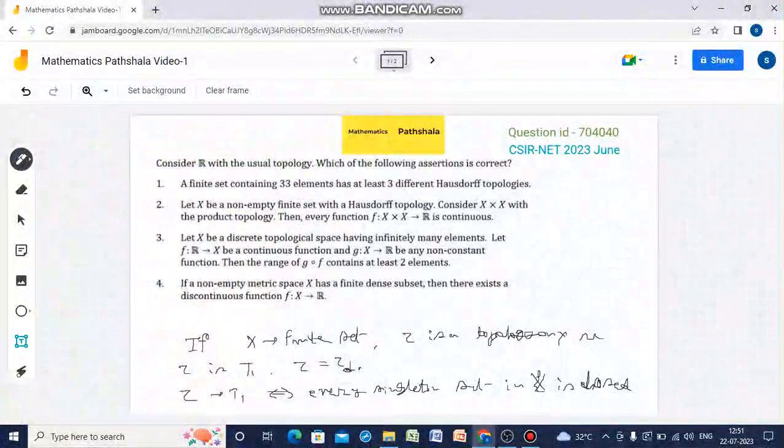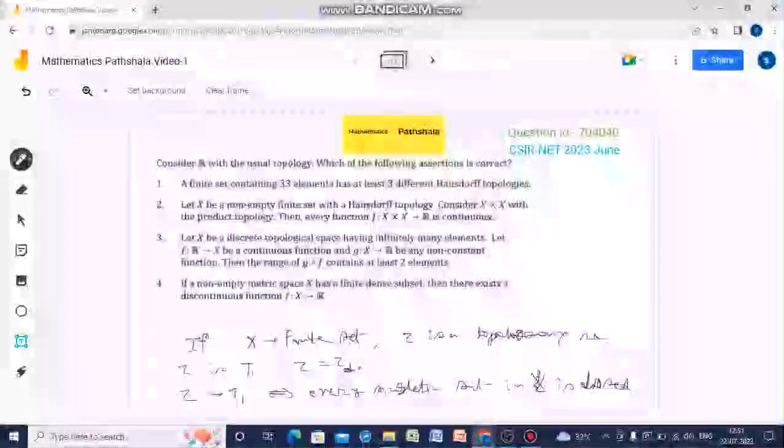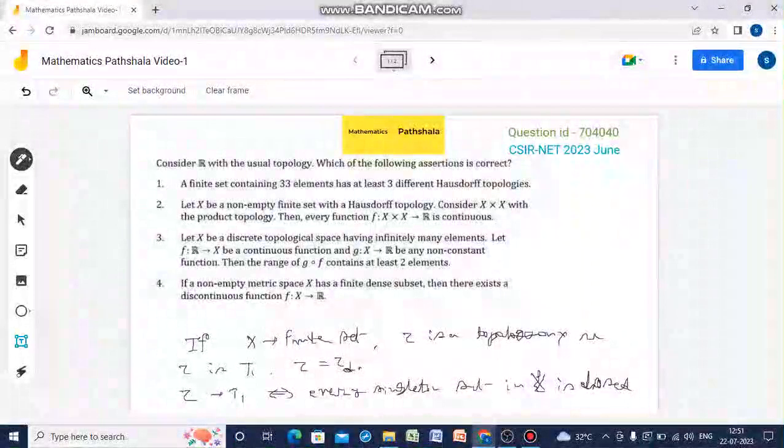Now see the options. Option 1: a finite set containing 33 elements has at least 3 different Hausdorff topologies. Hausdorff topology means T2 topology. So since this is a finite set, and if we take any Hausdorff topology on this set, then that topology must be T1, and hence that topology will be equal to the discrete topology on that set.